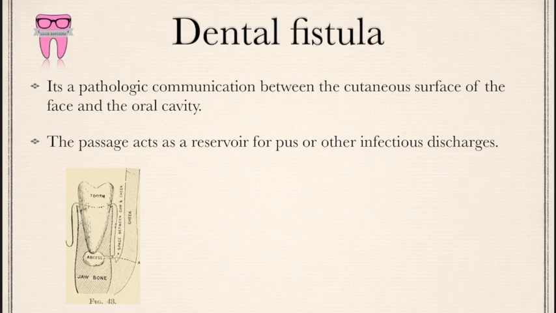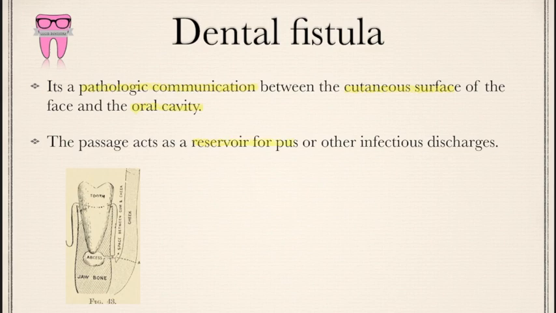Now, coming to the next term under this category of lesions which are present above the level of the mucosa, we have dental fistula. Dental fistula is a pathologic communication between the cutaneous surface of the face and the oral cavity. The passage acts as a reservoir of pus and other infectious discharge.